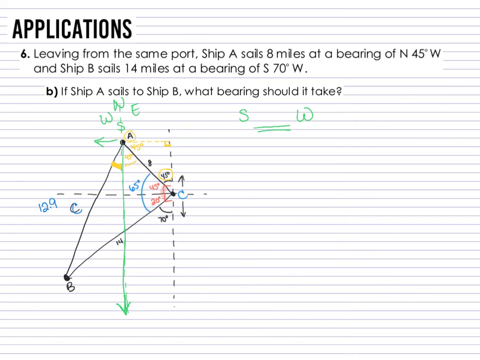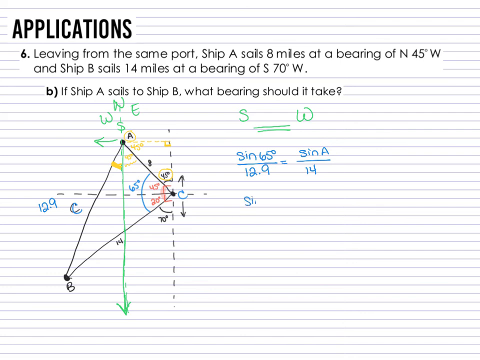So now we can use the law of sines, which is great. We're solving for an angle, so I'm going to have that angle measurement in the numerator. So I'm going to say the sine of 65 degrees over 12.9 equals the sine of A over 14.